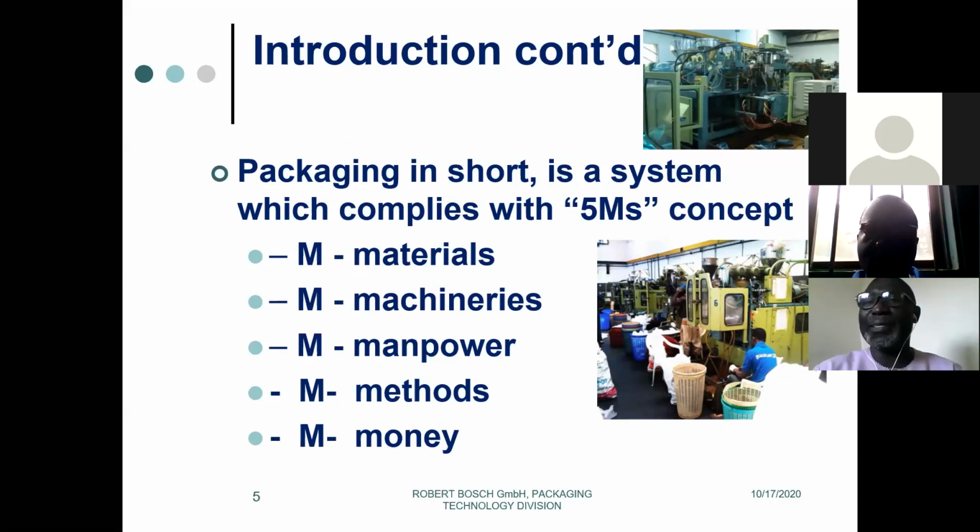Very, very key when we are talking of packaging. And the little bit I'm going to probably cover at the end of this talk has to do with the impacts of COVID on packaging trends and consumer demands generally worldwide.